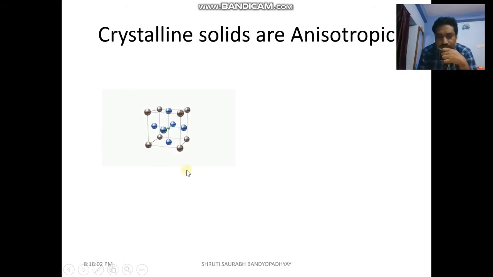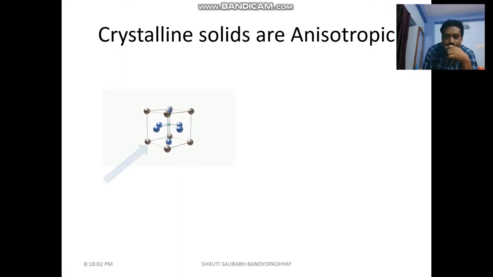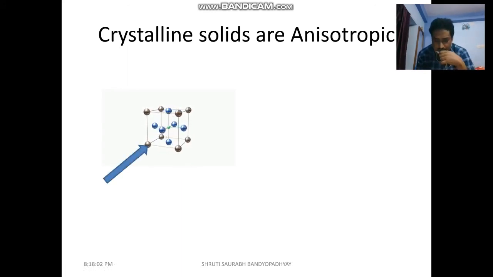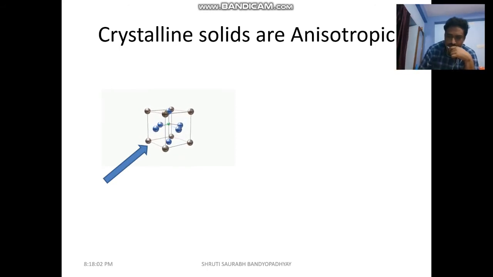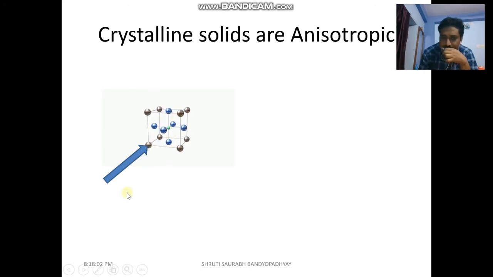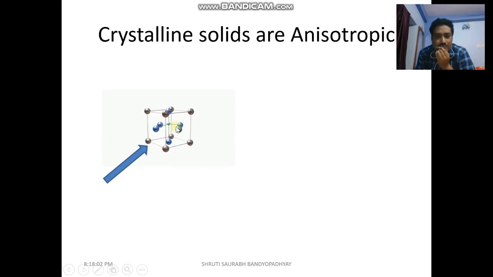Suppose if you are looking at this crystal from this direction and you spin this crystal gradually, you will see the patterns are changing, isn't it? The patterns are changing. Okay, so that is why they are looking different from different angles. They are at different positions from different directions, and this also matters about their properties.